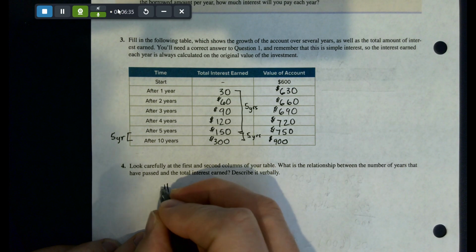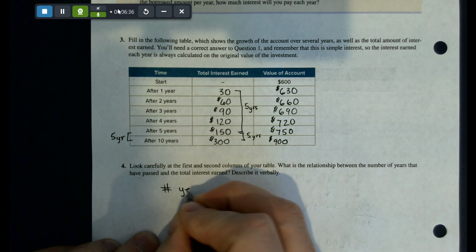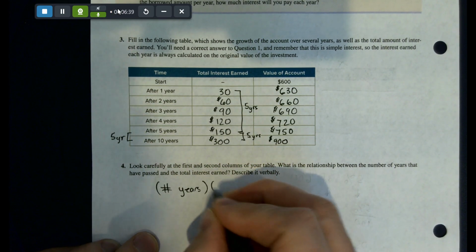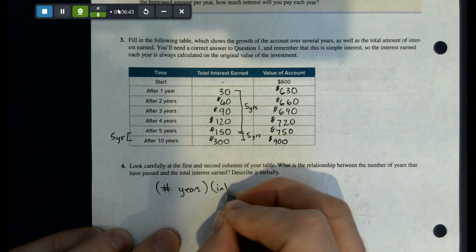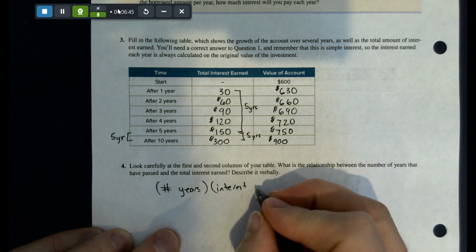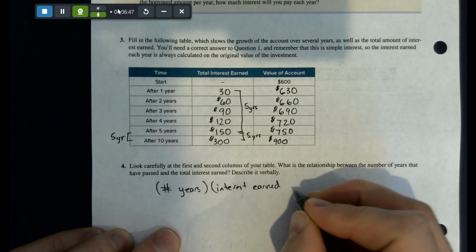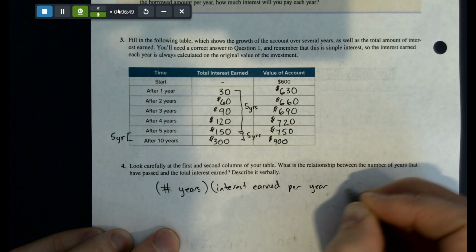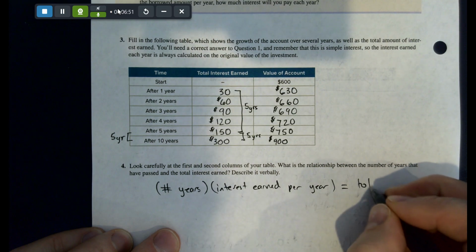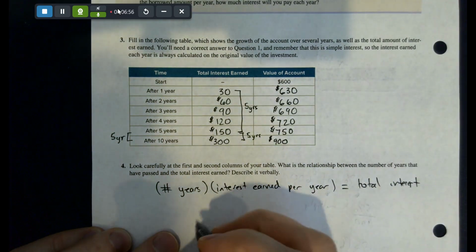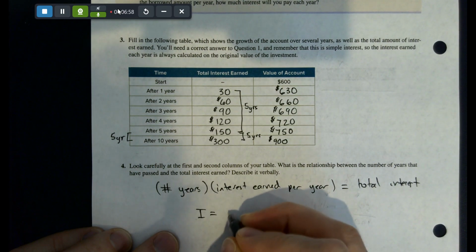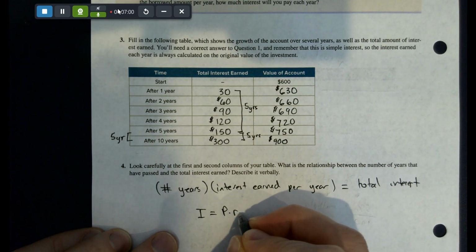So number of years multiplied times the interest earned per year equals the total interest. And we've just arrived at our first formula. We could call it I equals P times R times T.